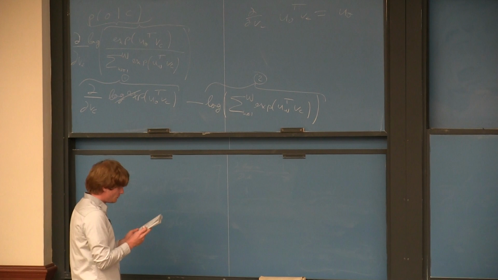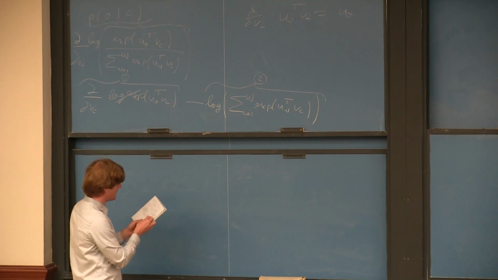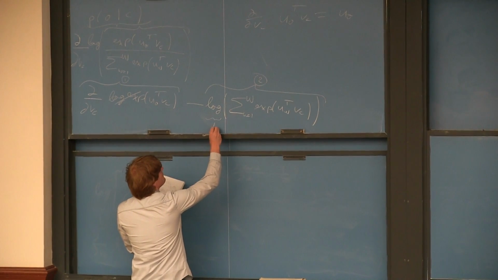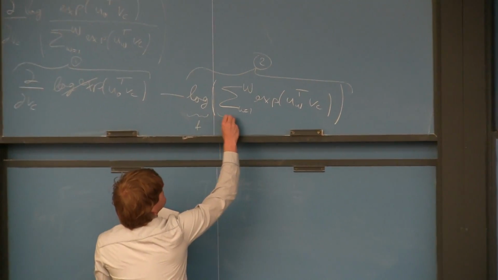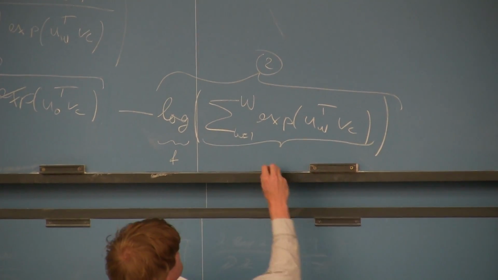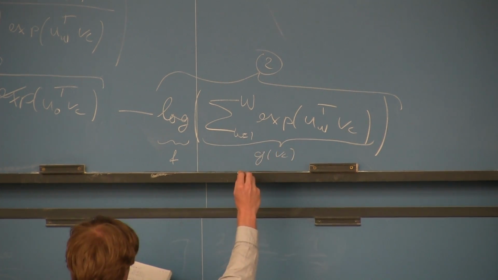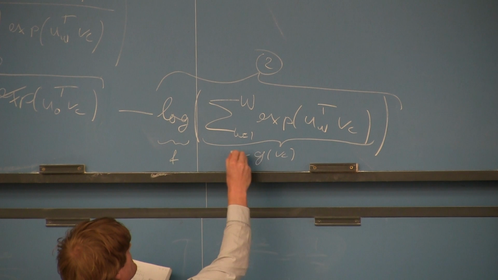So let's define some notation to make things consistent. Let's assume log is the function f, and this thing here is a function g of vc, and we can also define g of vc as just z.